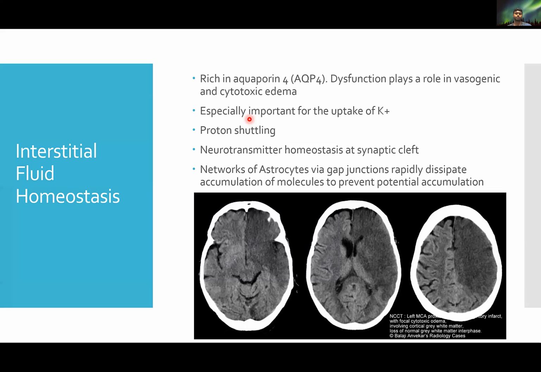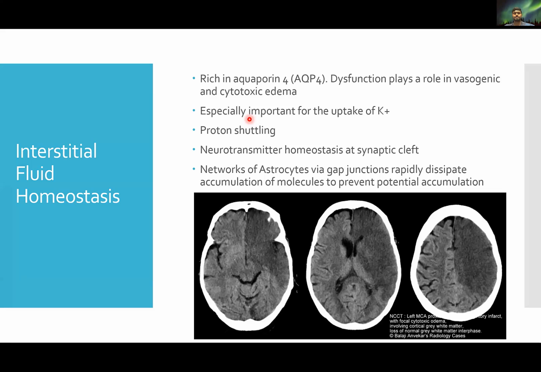So if you're trying to repolarize the neuron, then you would need the potassium channels to open. However, potassium will not leave unless the intracellular concentration of potassium is a lot higher than the extracellular levels of potassium, which allows it to move outwards down this gradient.